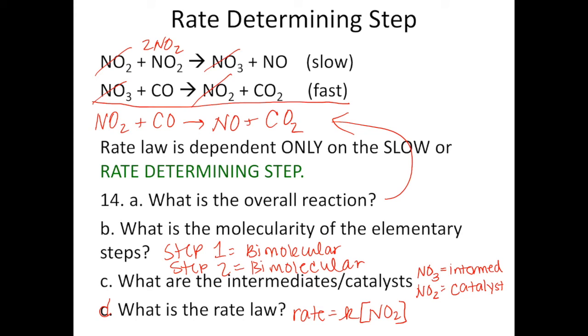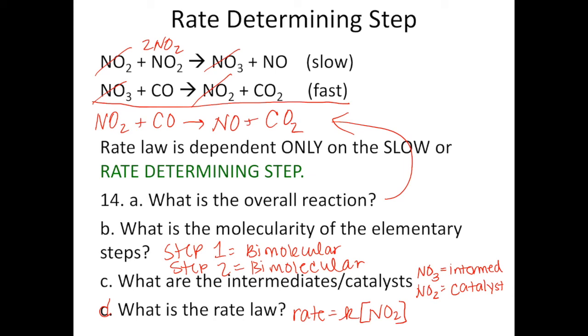So we had to look at everybody that we crossed out and see what's what. So NO3 we made, and then we got rid of, and then we used it. That's the definition of an intermediate. It's our cake batter. We made it, we used it. NO2 is a catalyst because we put it in, but then it just came out the same as it went in.